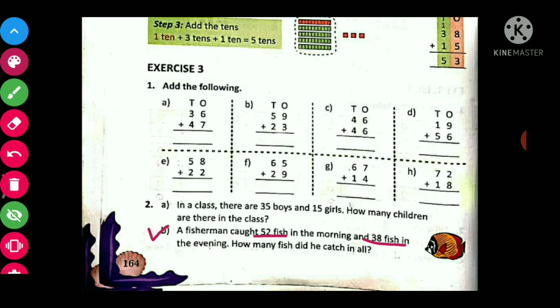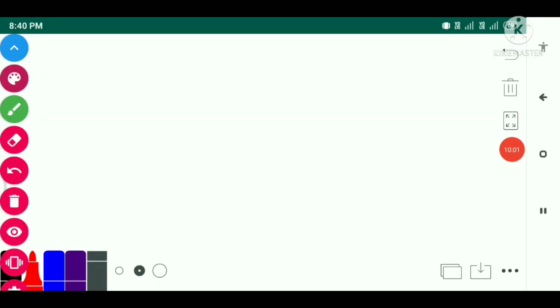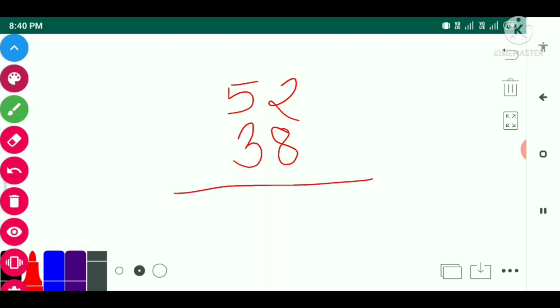So total number of fish will be what? Let's find it. In morning time 52 fish he caught, and in evening time 38 fish he caught.